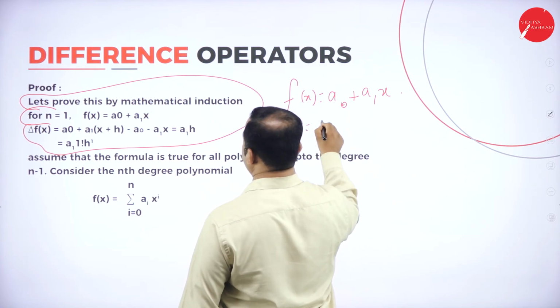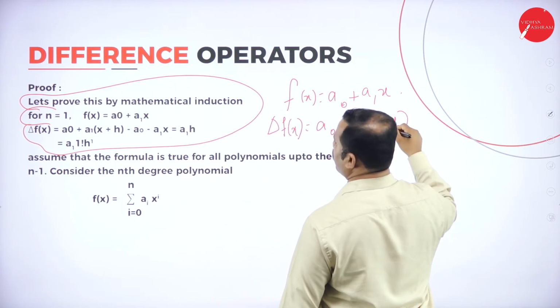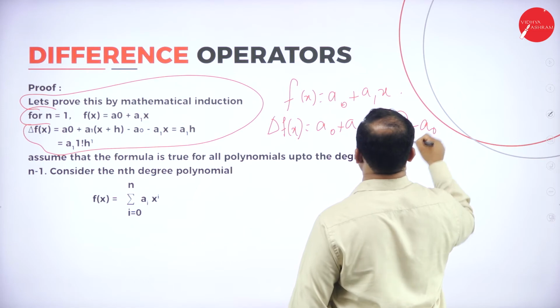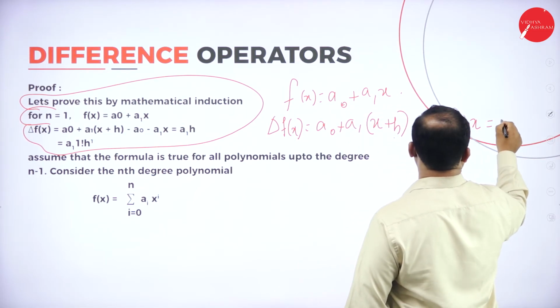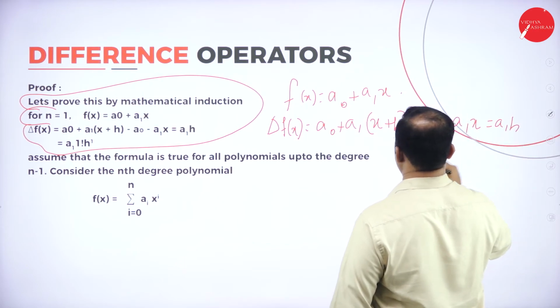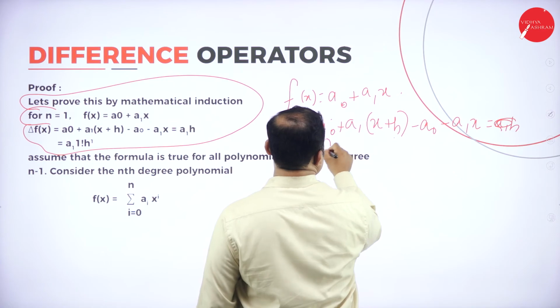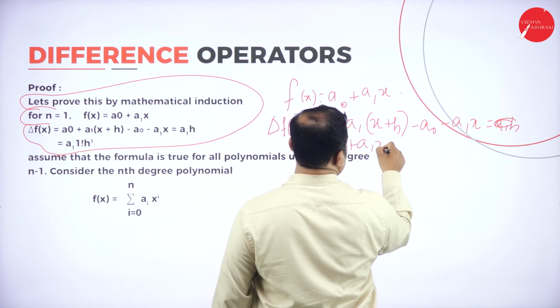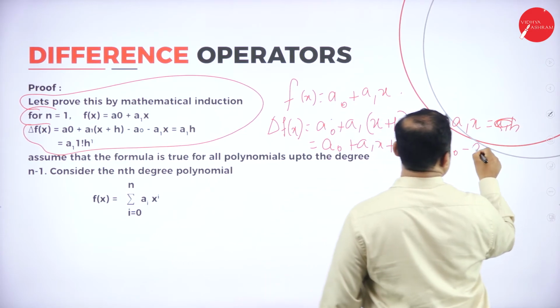That is the difference: a0 plus a1 into x plus h, that is the formula being written here, minus a0 minus a1 x, equal to a1 h. That is a0 plus a1 x plus a1 h minus a0 minus a1 x.